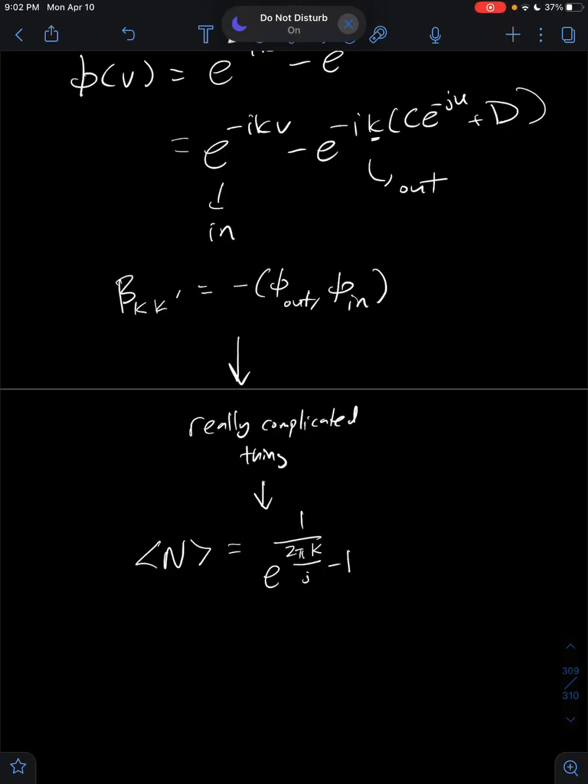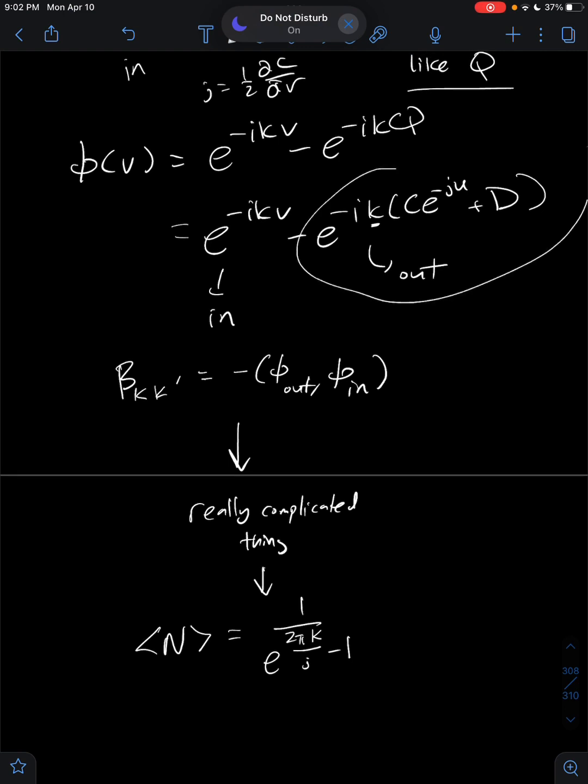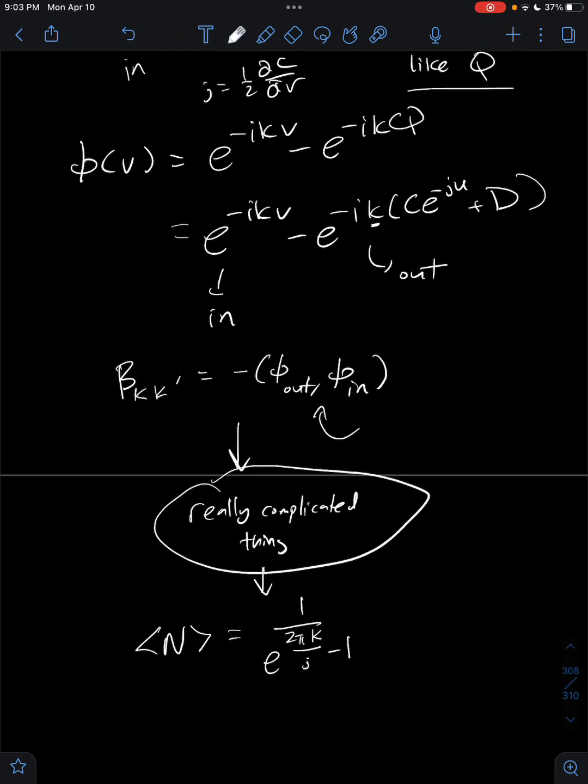For the Bogoliubov transformation, we can take this to be the out field and this to be the in field. You plug them in here, and this over here is the inner product that we talked about in a video on the transformation. If we were to actually do that, we would get a super complicated expression that contains the gamma function. The steps to solving it are pretty clunky, so we'll leave that to the mathematicians to stress over.